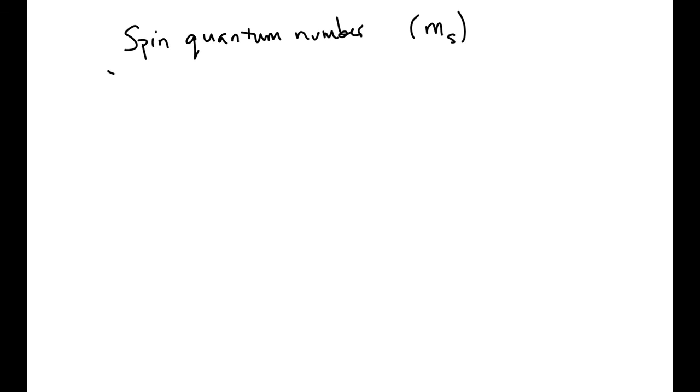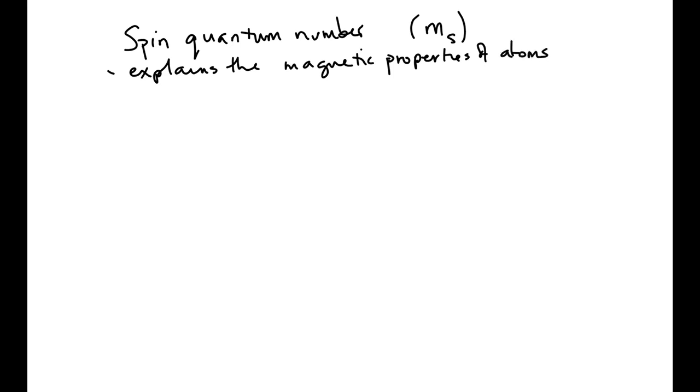This explains the magnetic properties of atoms, and it refers to just the electrons in the orbitals.